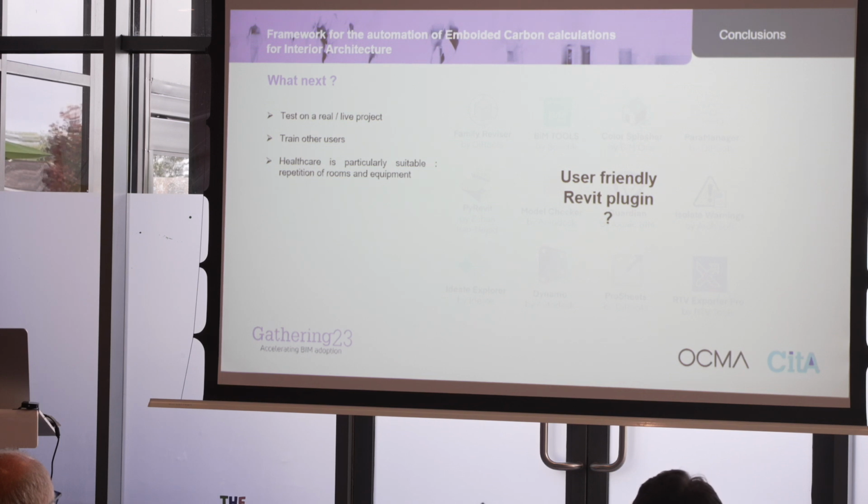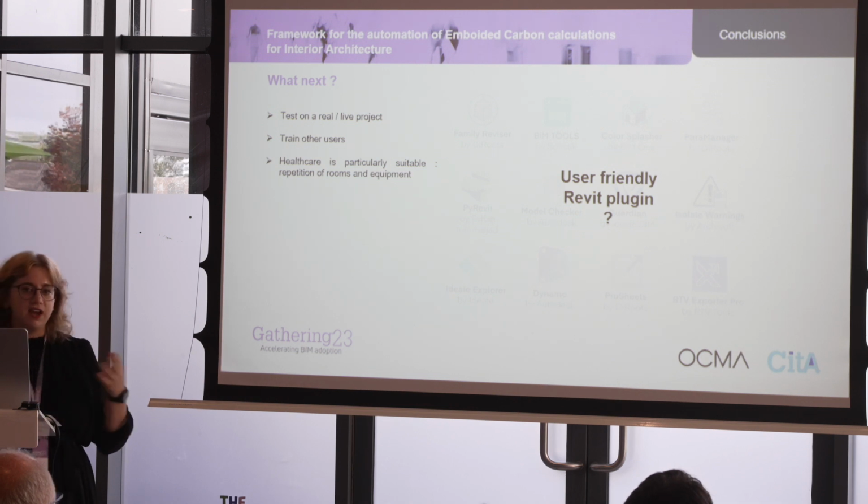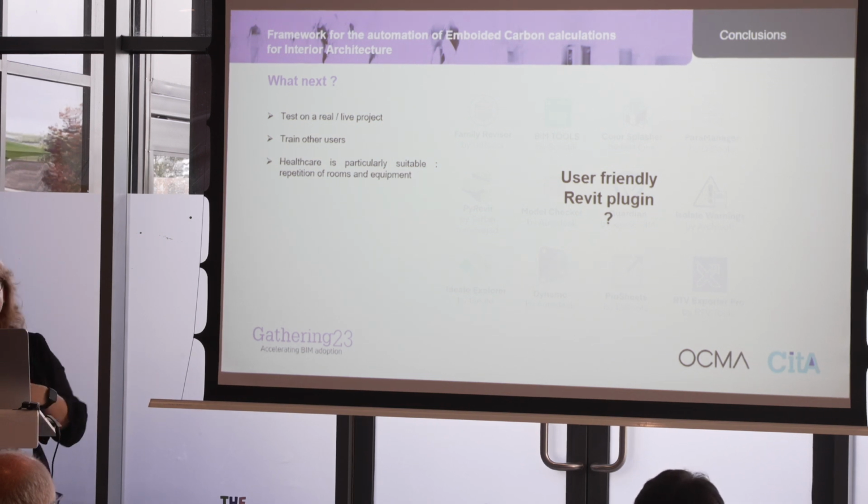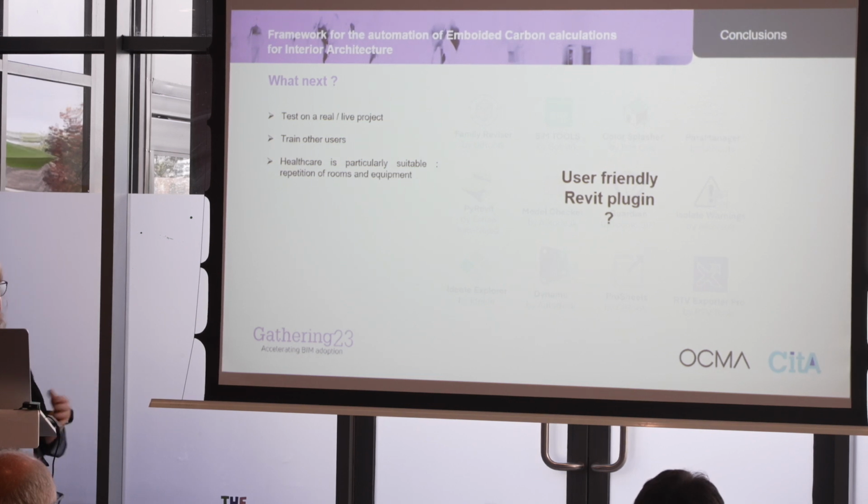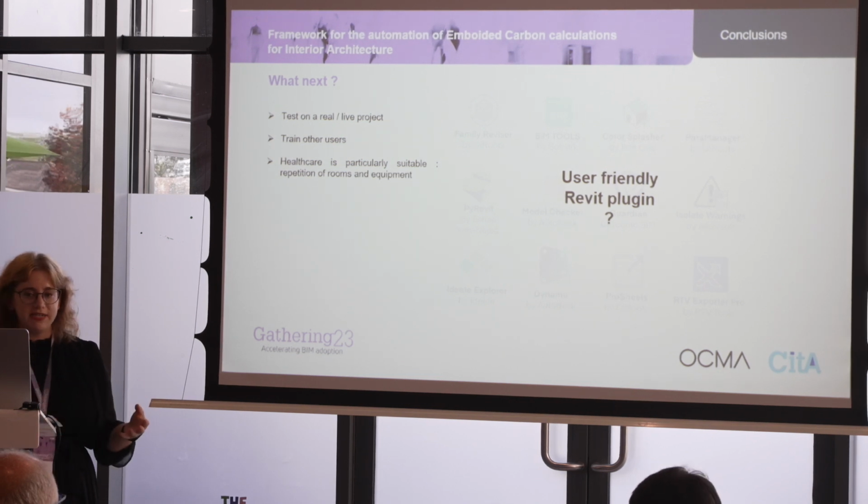It's much easier then to gather the EPDs. I specialize in healthcare, so in hospitals you can imagine recovery wards, bedrooms, en-suites and clinical rooms are repeated a lot across a project, whereas it would be more difficult, for example, in restaurants and shops, where in each project you'll have new products, so every time you would probably have to look at new EPDs.